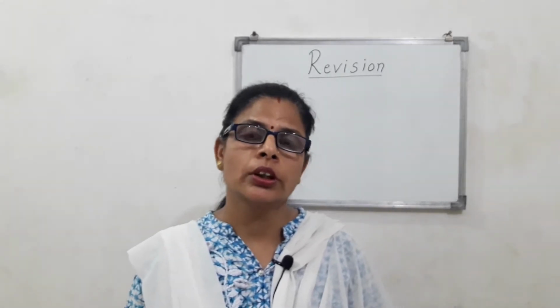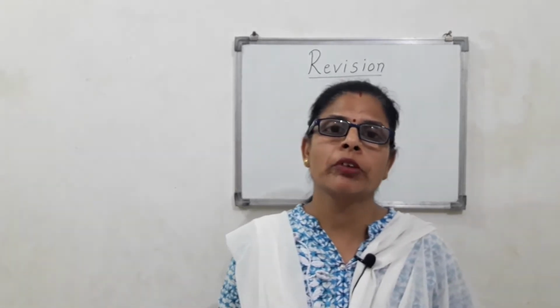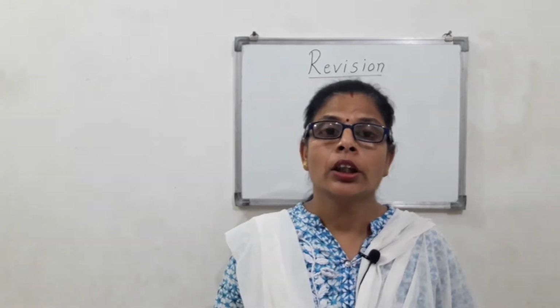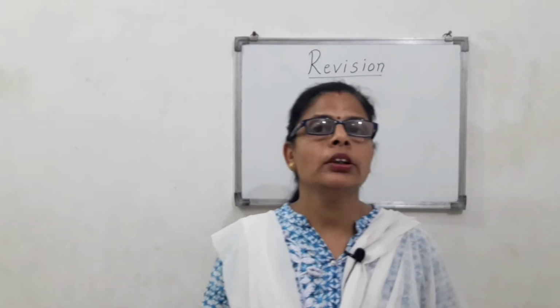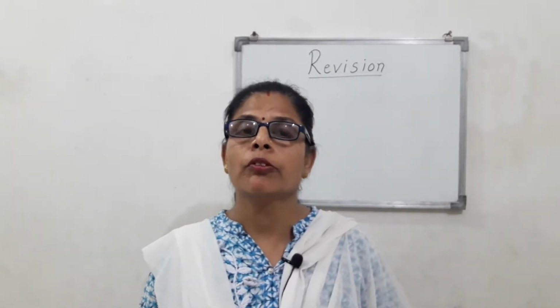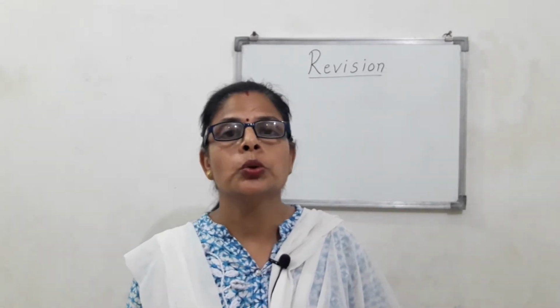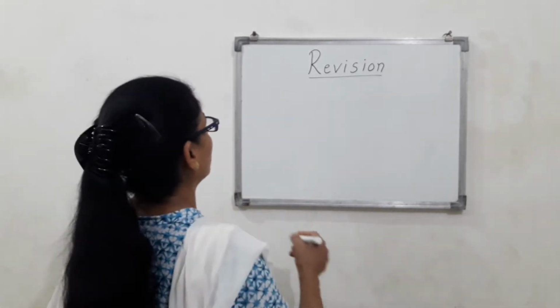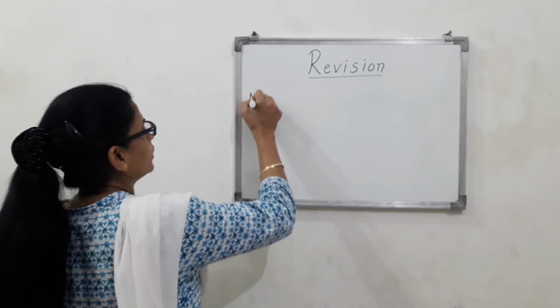All of you know counting: 1, 2, 3, 4, 5, and it goes on to infinity. The numbers starting from 1, 2, 3, 4, 5 are called natural numbers.